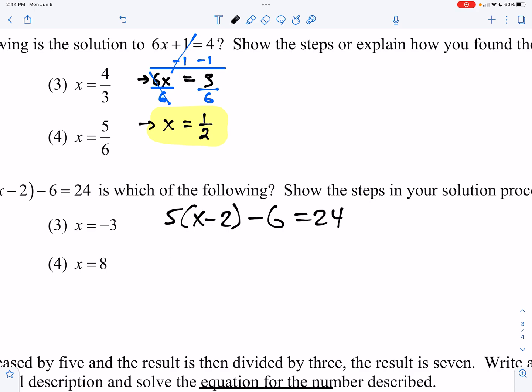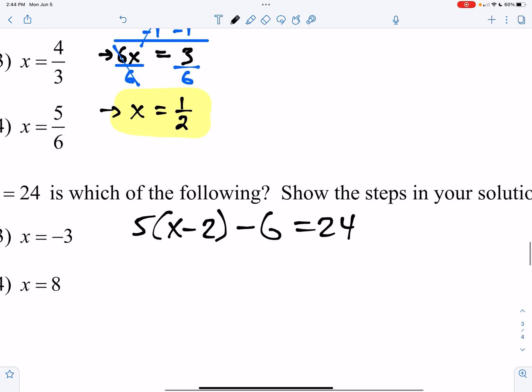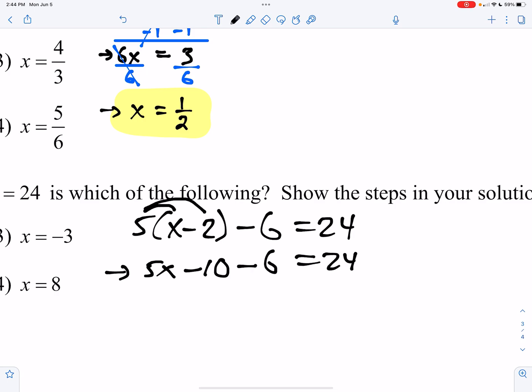I'm going to do the distributive property this time just to get some practice with it. So 5 times x and then 5 times negative 2. 5 times x would be 5x. 5 times negative 2, that's negative 10. So 5 times the parentheses x minus 2 is 5x minus 10. And then minus the 6 you see here equals the 24.